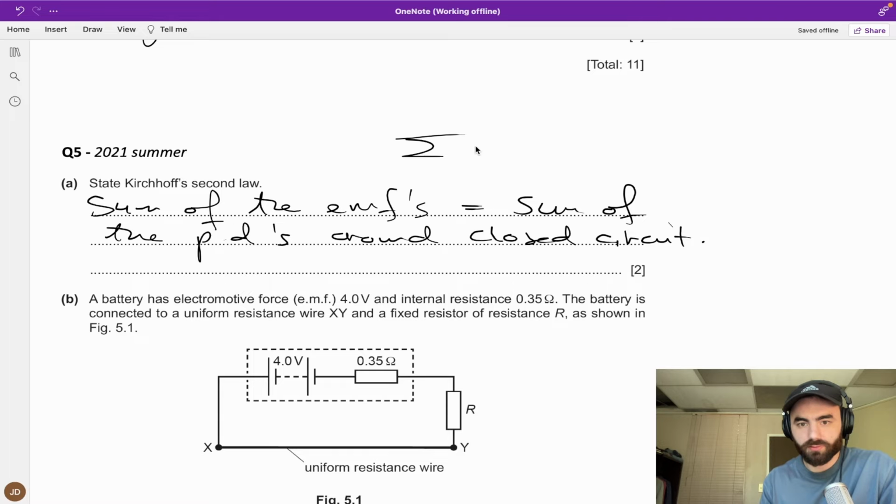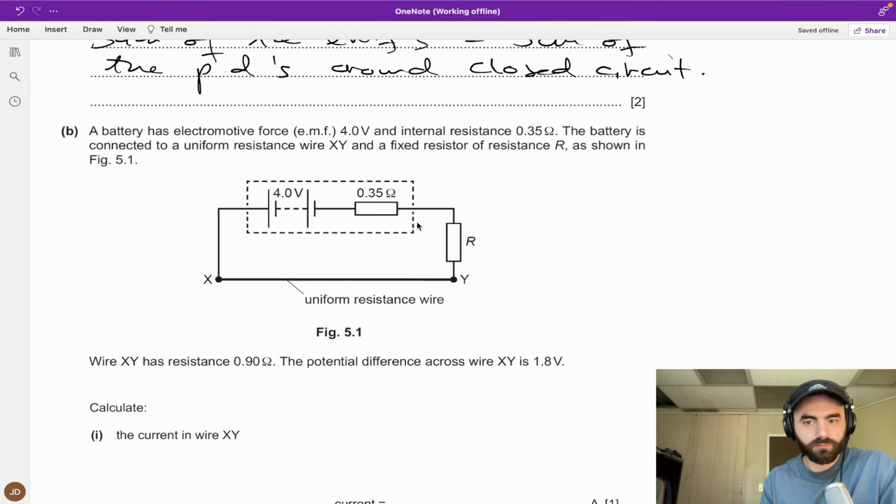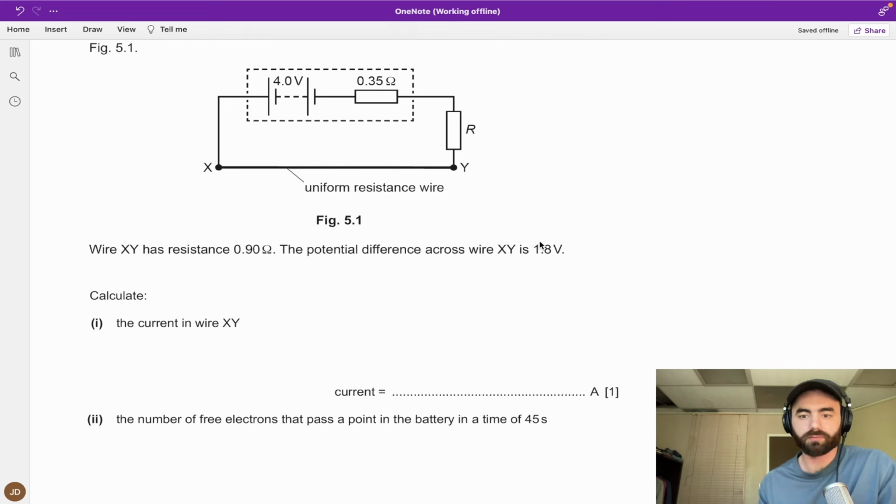This is this. A battery of this electromotive force, internal resistance this. It's connected to a wire. The wire XY has a resistance of this and a potential difference of this across it.